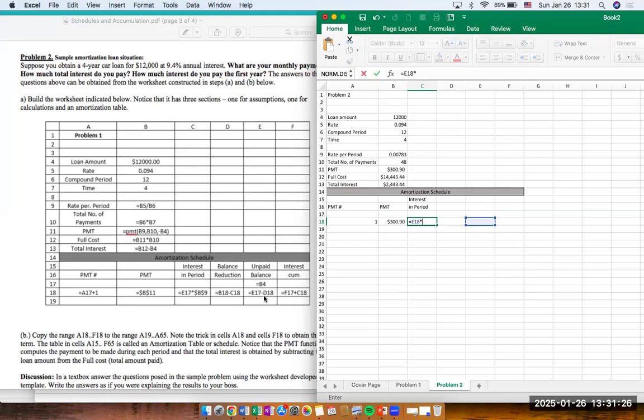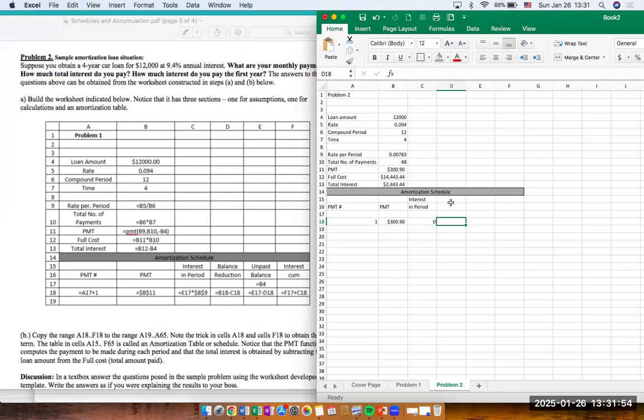So we are looking at, okay, what is left over to pay for these payments? So we're going to multiply that by the rate per period. And again, we want to lock in this rate per period. We don't want that number shifting around, so we'll put dollar signs around it. And I actually did E18, and it should be E17. I'm going to change that ever so slightly.